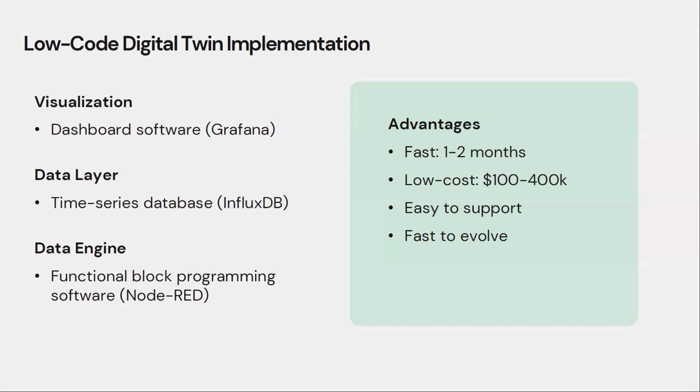And it's very easy to support because, as you see, these software tools are very easy for engineers to use, which also means that it's fast to evolve, because making feature changes takes days, not months, like what you do in programming.